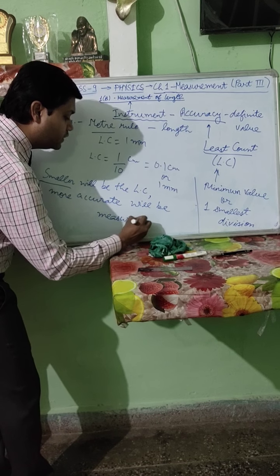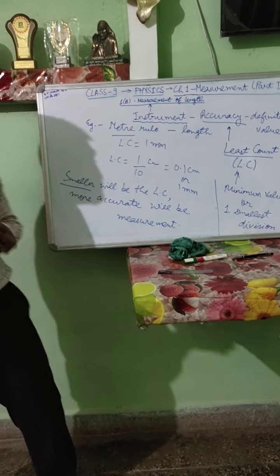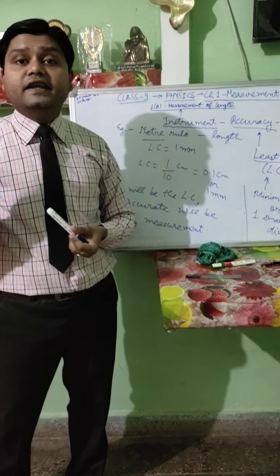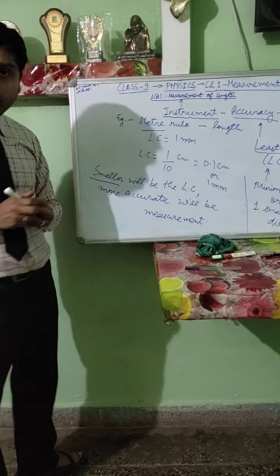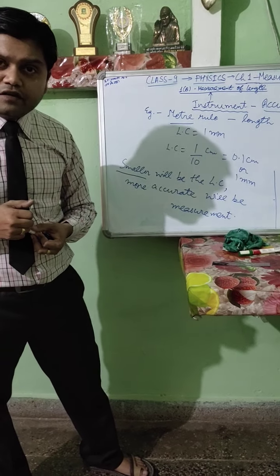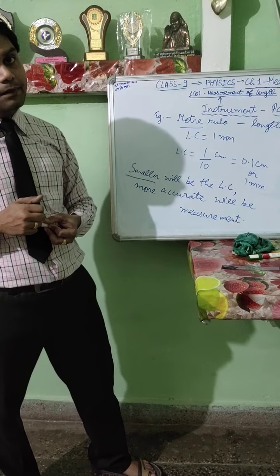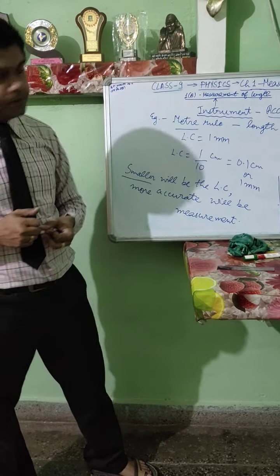So if we want more accuracy, or if we want to measure the thickness of thread or the thickness of paper, can we use the meter rule? No. We will be using further devices which we are going to study in this chapter, that is vernier calipers and screw gauge.